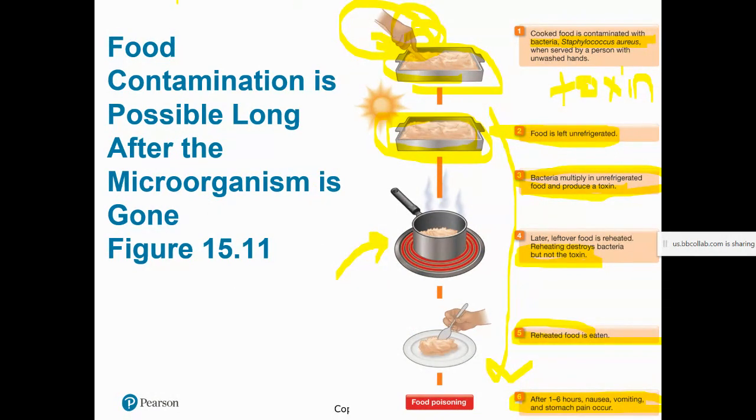Even before you reheat food, once you've cooked something for the first time, make sure to take care of it, because even after you've cooked it, you can see contamination. So make sure to put it in the refrigerator or keep it hot above 140.